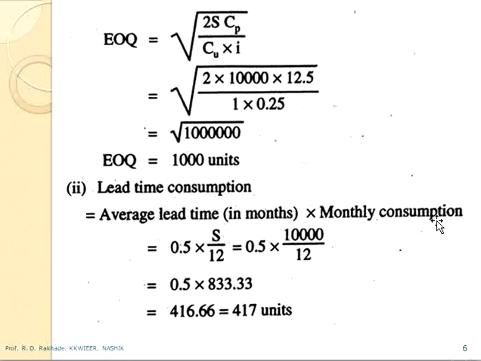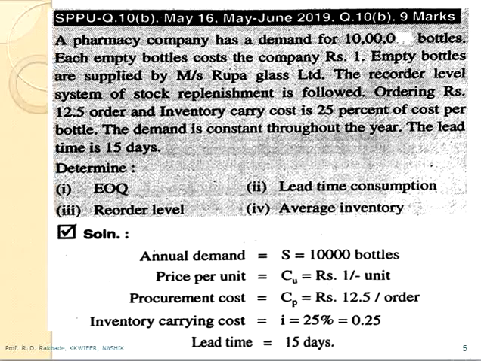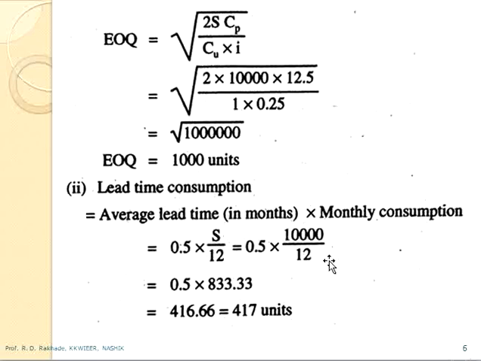Then monthly consumption. According to the problem, annual consumption is 10,000. So monthly consumption 10,000 divided by 12 means we will get per month, 833.33. So 0.5 into 833.33, lead time consumption we will get 417 units.